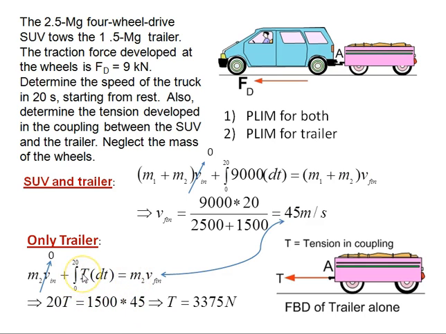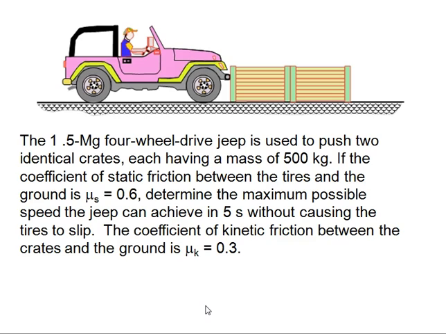There is only one constant force acting on the trailer. So T times 20 is the total impulse. Thus we find T to be 3375 newtons.